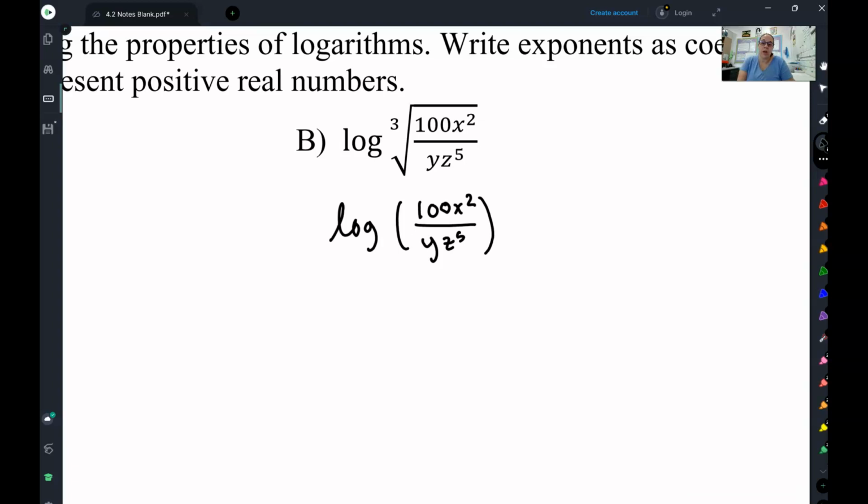We can do that using our properties of exponents that we talked about, where the exponent inside becomes the numerator, and then the root number outside becomes the denominator. The reason I'm going to do that is because now that it's an exponent, I can bring it out in front using my log rules.